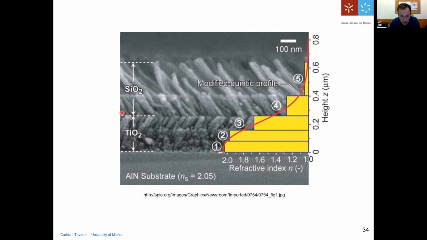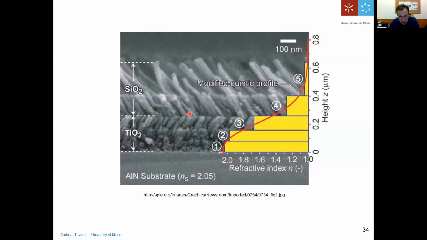And when you reach this point here, we make a deposition of another material, which is silicon dioxide. And silicon dioxide has a refractive index of 1.5, more or less, or can be close to 1.6 if it's really very dense, but it's certainly below 1.6. And when you start to grow this silicon dioxide, you do the same as with titanium dioxide. You gradually make it more porous.